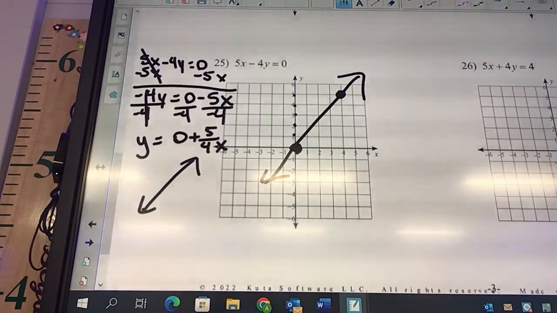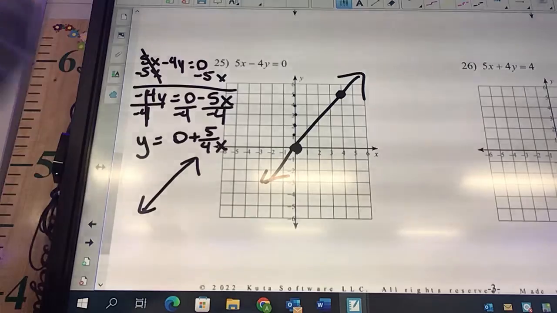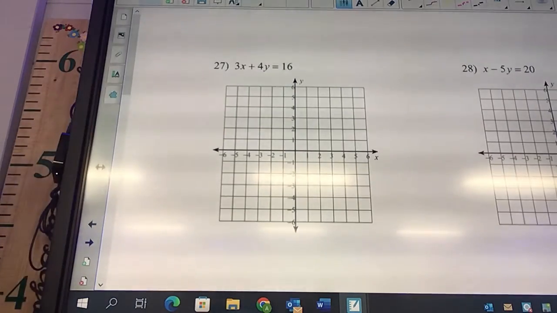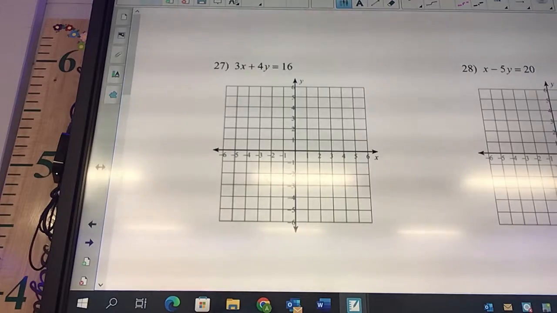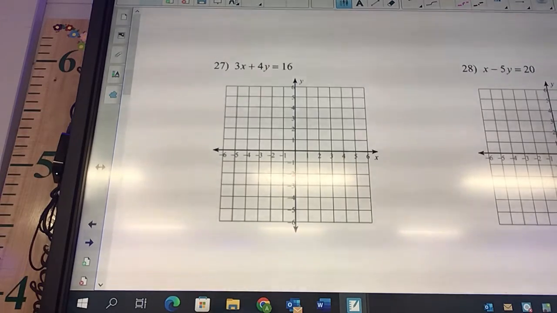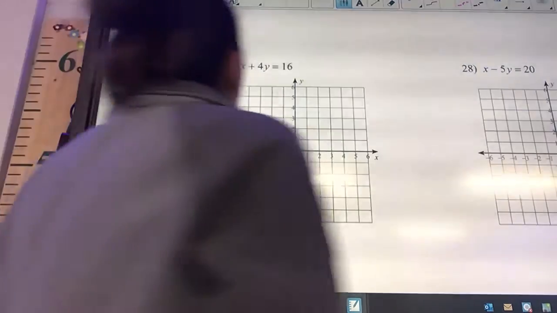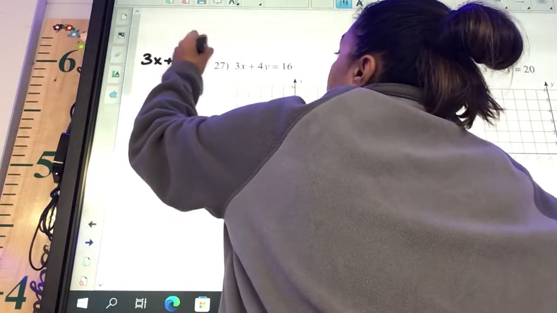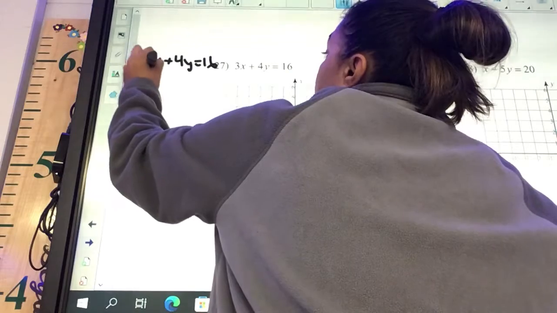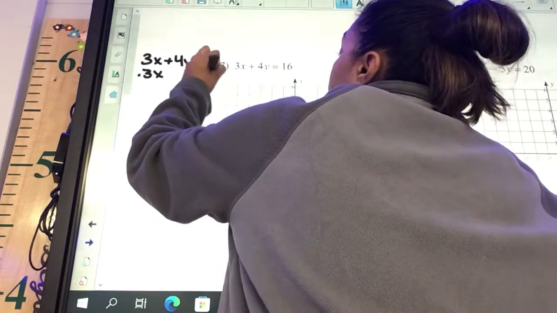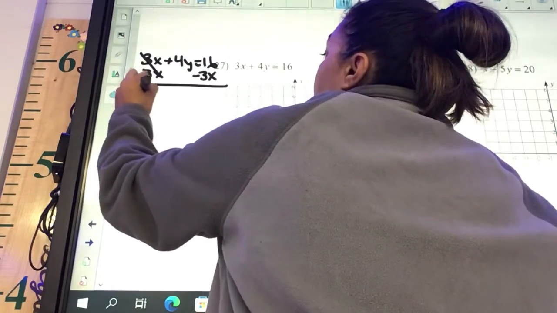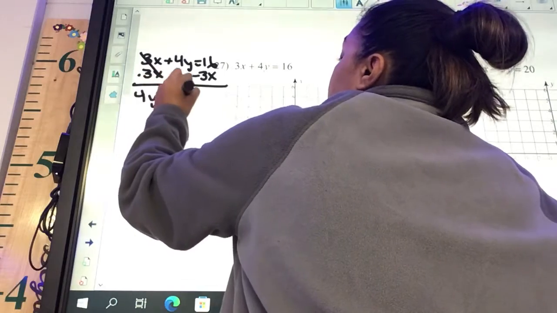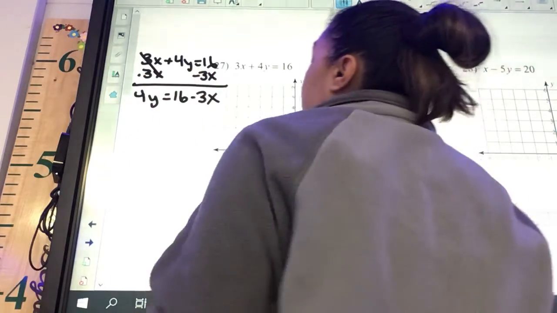Can I scroll? Okay, 27. Does that say y equals? No. Okay. What is our first step? Okay, we're going to subtract the x's. So I got 4y equals 16 minus 3x.